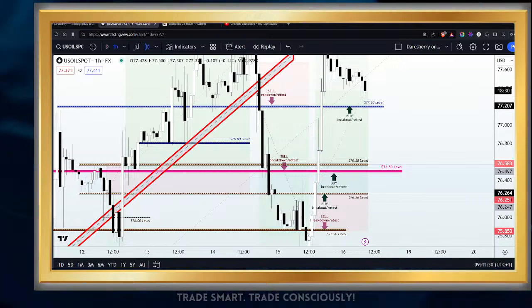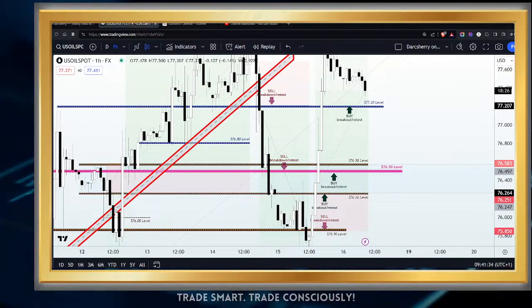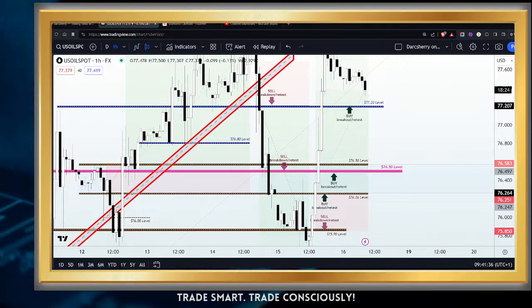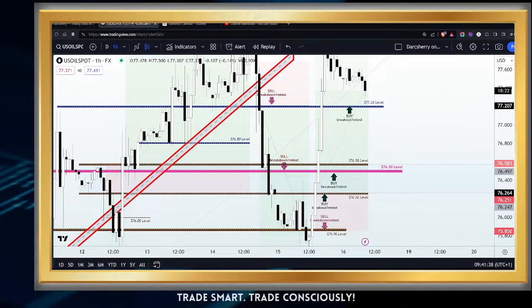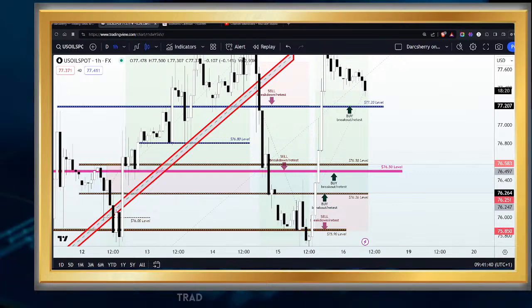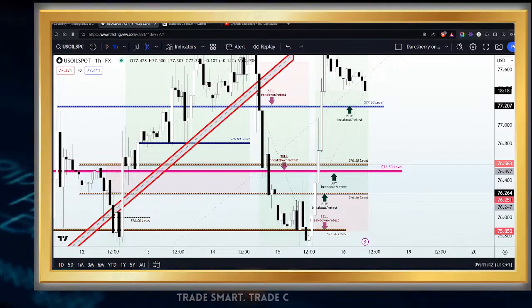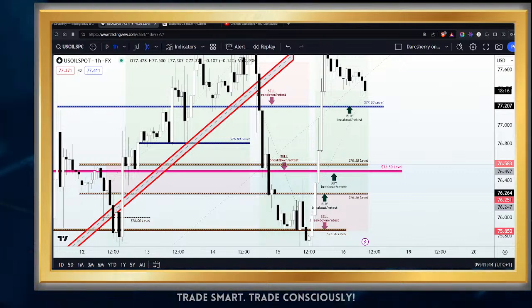Now, this asset is a US-denominated asset, of course, and whatever happens to the US dollar has a way of influencing the price of oil. If the US dollar rises, it makes oil expensive for market participants to buy, hence reducing demand.